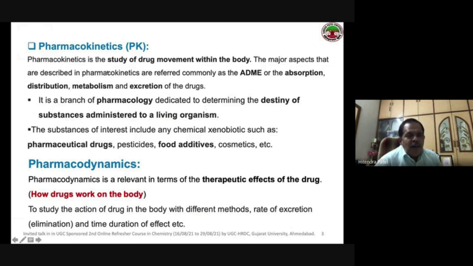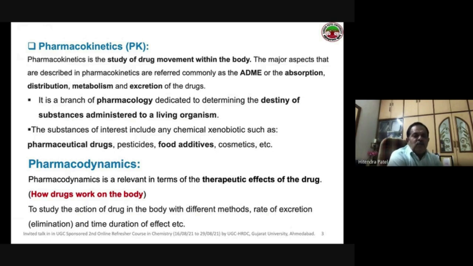Now, pharmacokinetics is a study of drug movement within the body. So friends, whenever we take a drug molecule through the oral route, how the drug molecule moves towards our body, that kind of parameter we have to check. The major aspect of pharmacokinetics is described mainly as ADME, specifically absorption, then distribution, and metabolism and excretion.